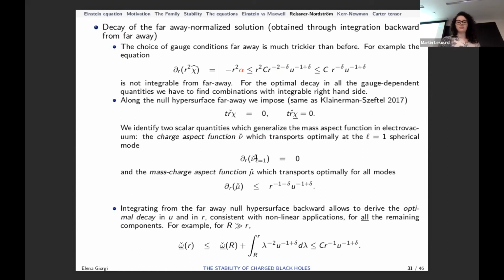There is one that transports optimally in l equal 1, and another that transports optimally with all l. Those are the ones you want to impose to be 0 in the far away slice. Now if you integrate from the far away null hypersurface backward, the same kind of integral for omega bar will give you a decay in r, because you're integrating from a large r.